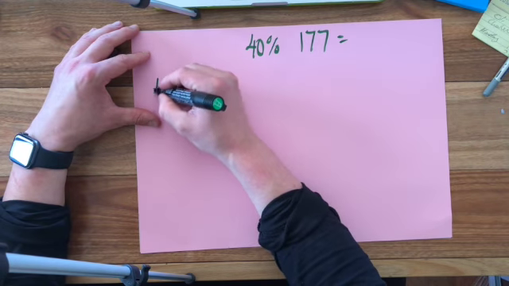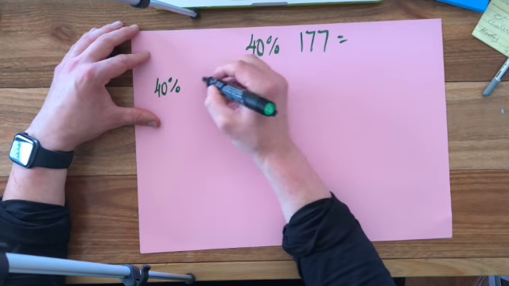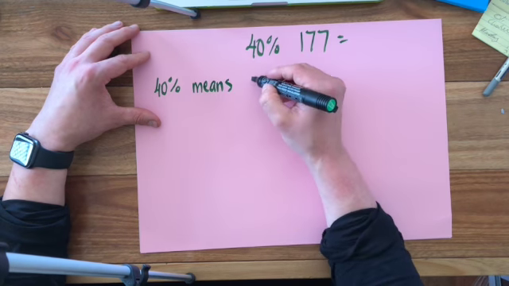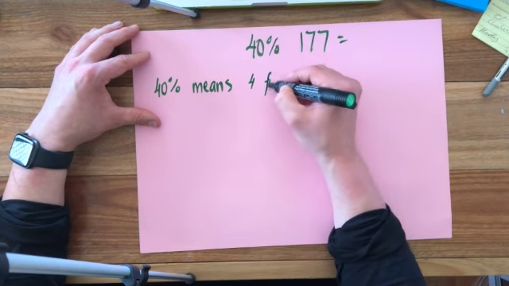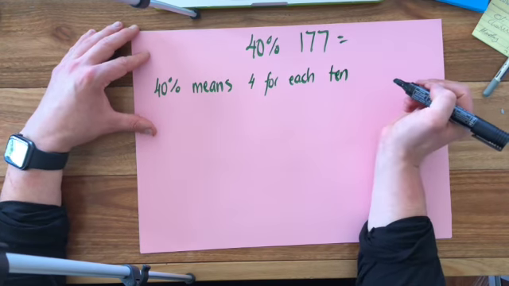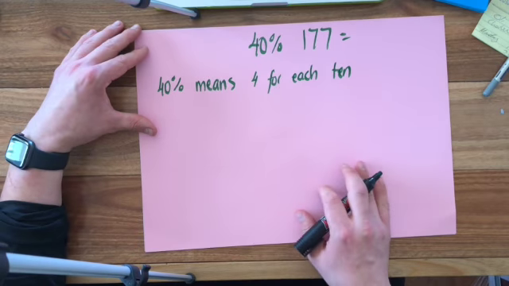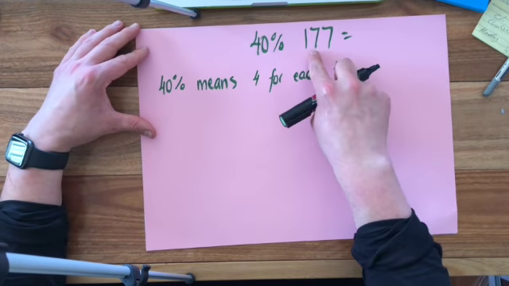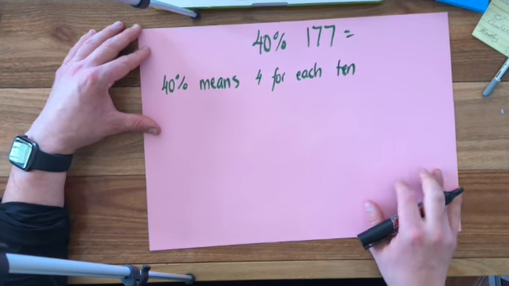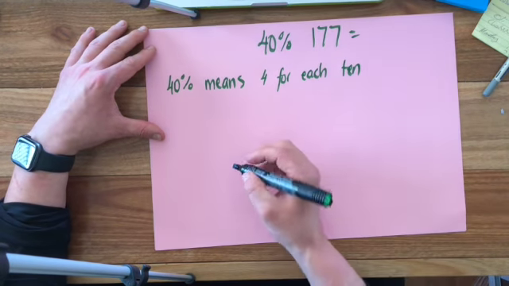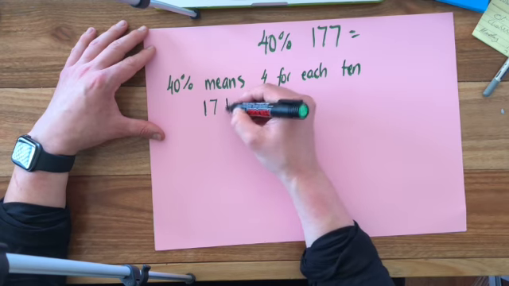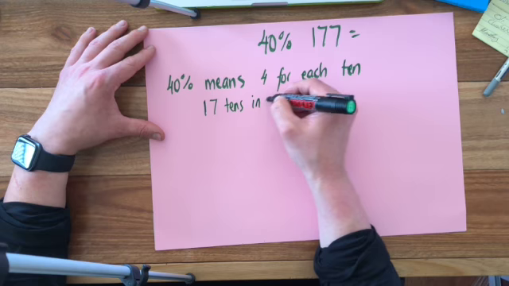So we know 40% means 4 for each 10. All right, cool. We've already knocked out a step here because we've got 17 tens, not 107 tens. We have 17 tens. So what that really means is we've got 17 tens in total.